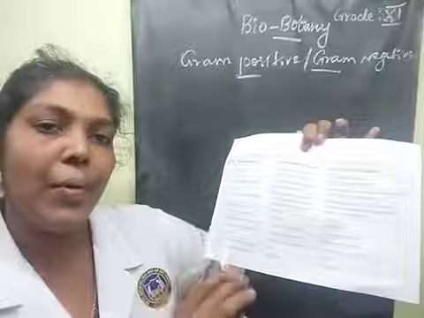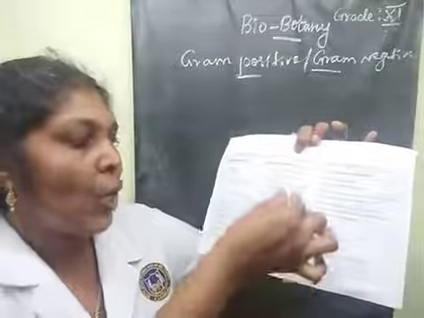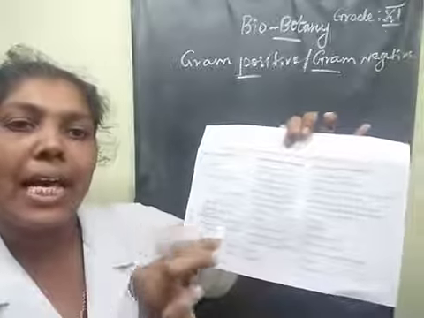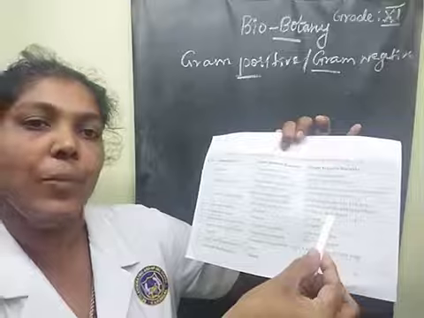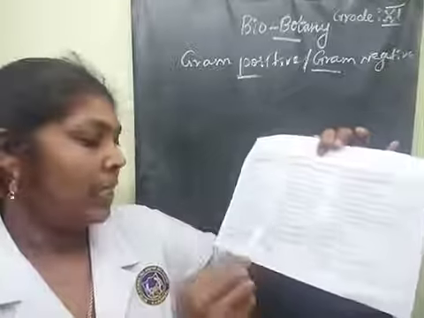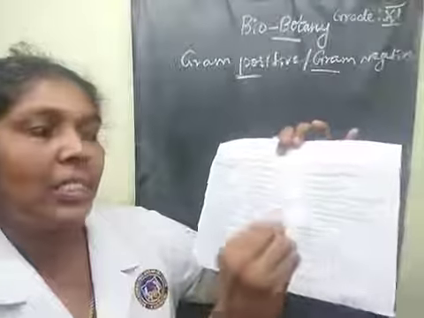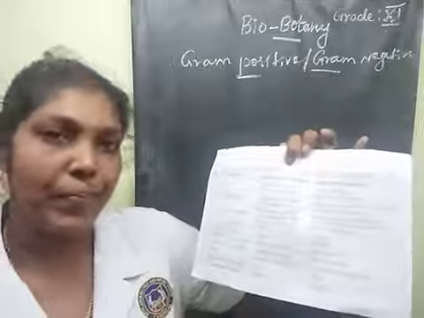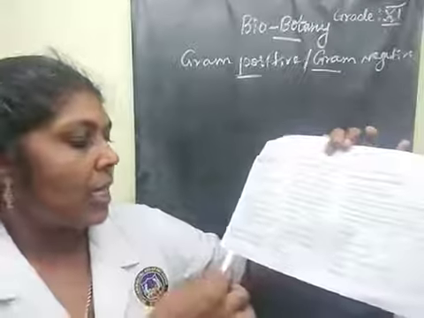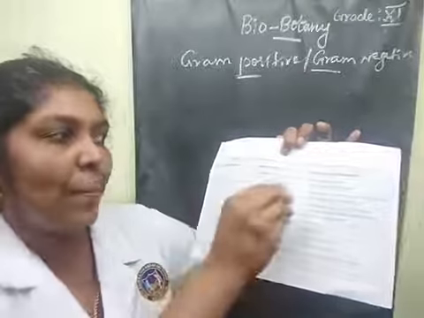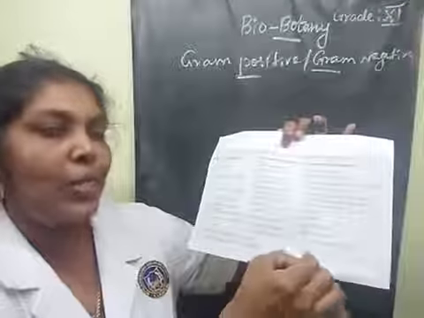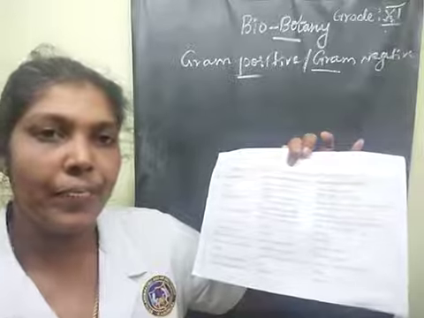Lipid and lipoprotein molecules are present in a very low amount in gram positive. A higher amount of lipoprotein and lipid content is present in gram negative. The last one is lipopolysaccharide, which is totally absent in gram positive and present in gram negative.